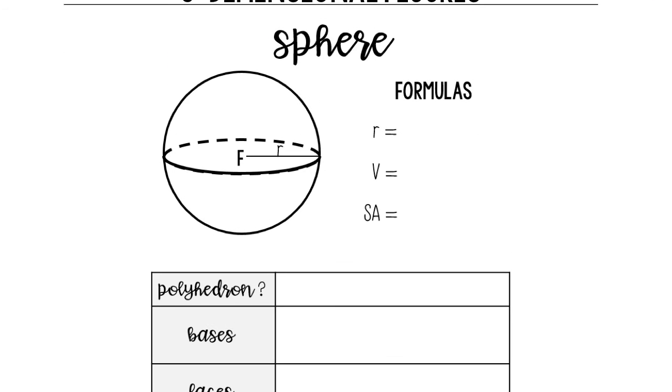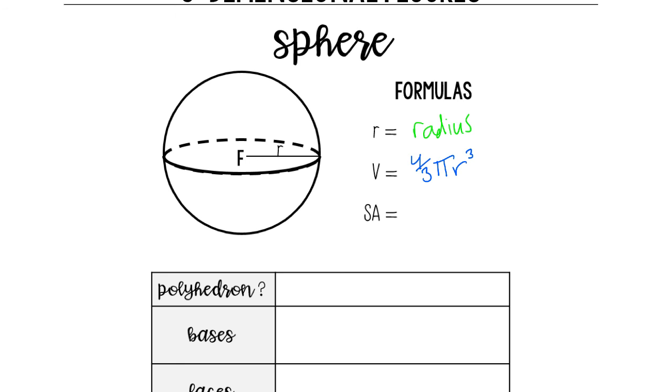Last but not least is the sphere, which we know about. r, again, stands for radius. The equation for volume in this case is 4/3 pi r cubed.